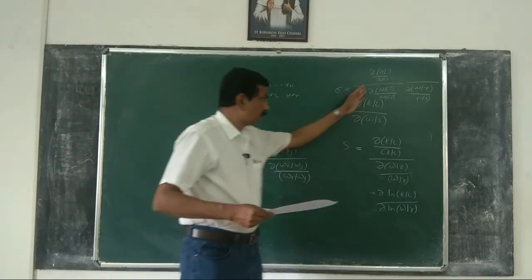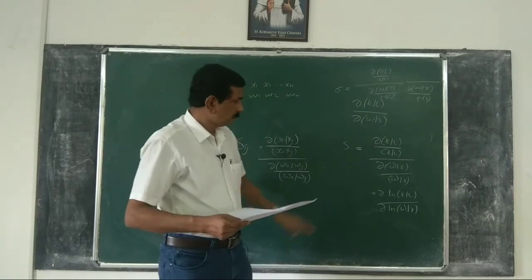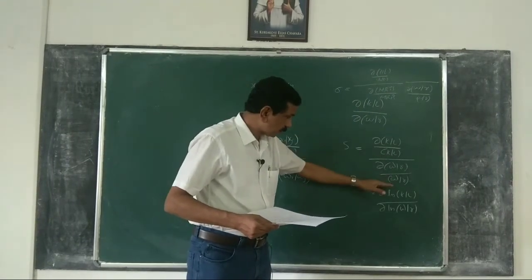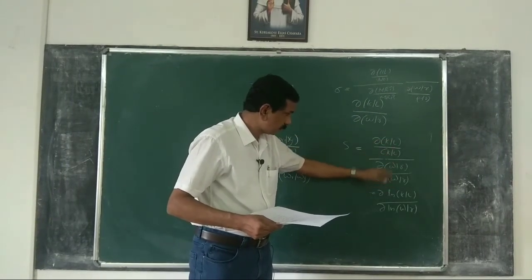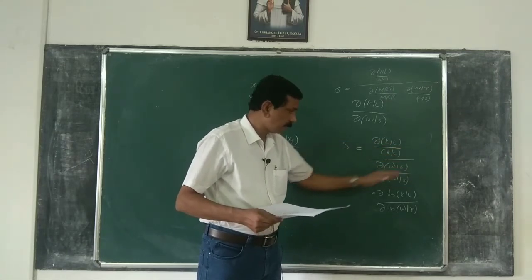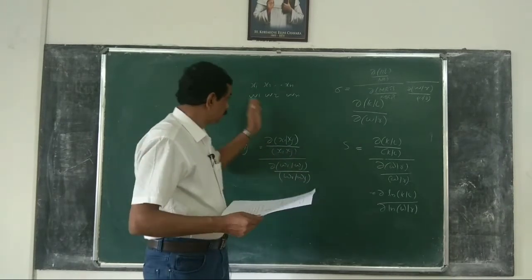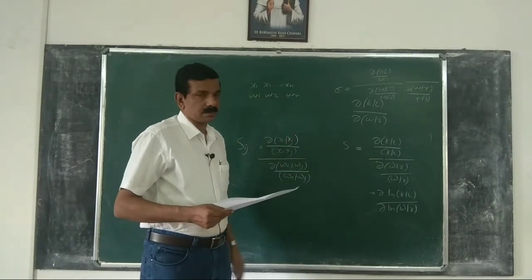So instead of defining in terms of the production function, if we define this in terms of dou K by L divided by W by R, this definition is applicable in many input cases also.